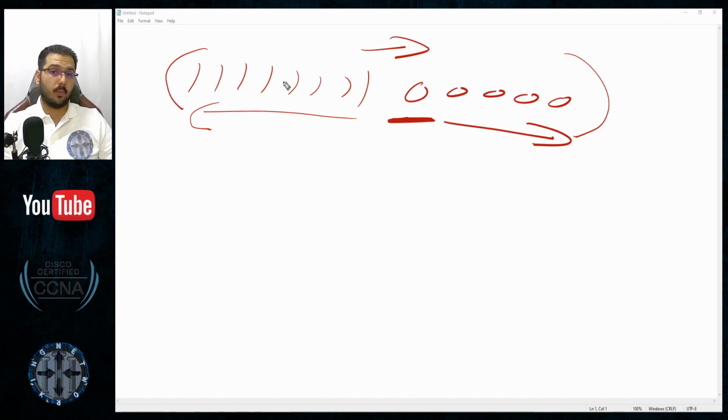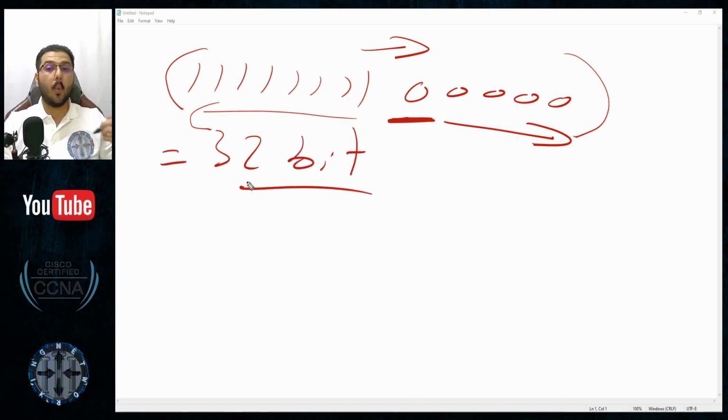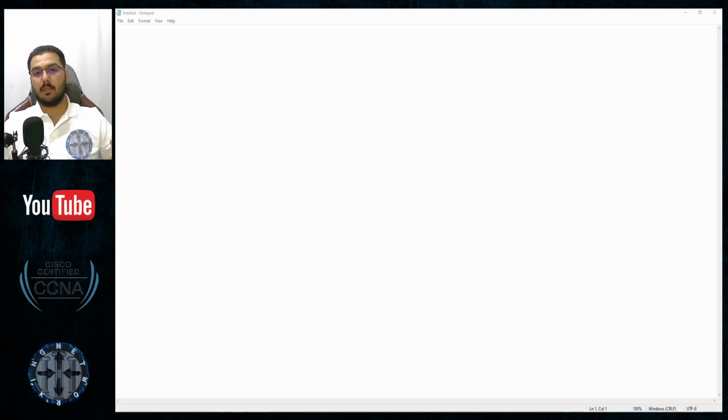But it will always have the same size as the IP address, which is 32-bit. So again, an IP address has the length of 32 bits, as well as its own subnet mask that identifies its own details.